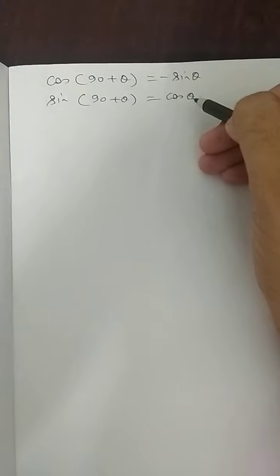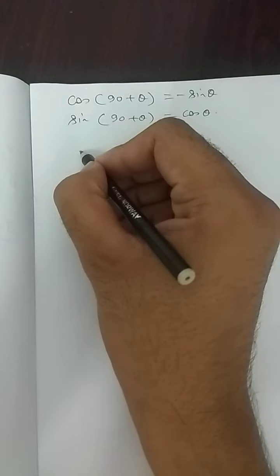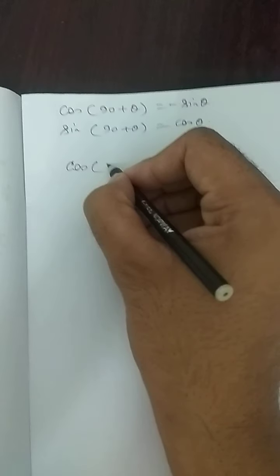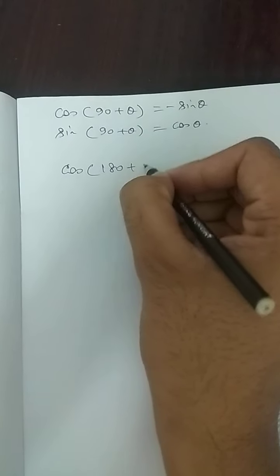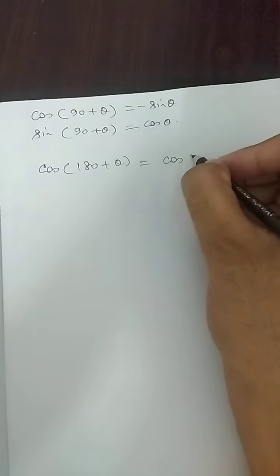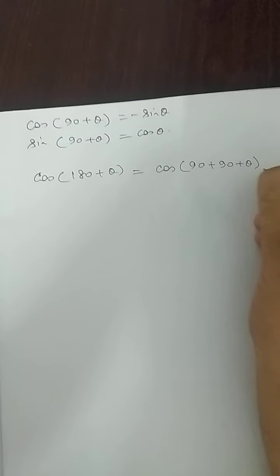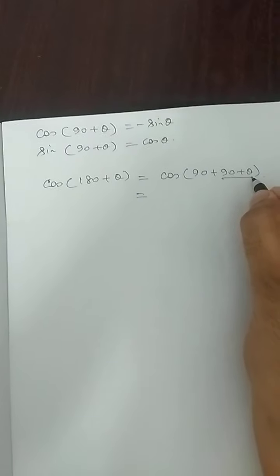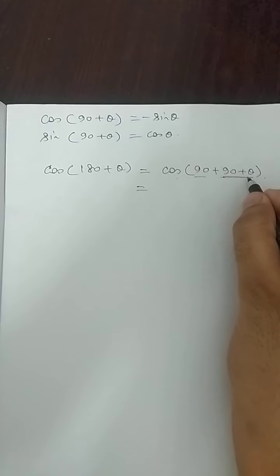From these two results, now we can define the next result, that is cos of 180 plus theta. This can be written as cos of 90 plus 90 plus theta. Now if we consider this 90 plus theta as a single entity, then it is in the form of cos of 90 plus (90 plus theta).